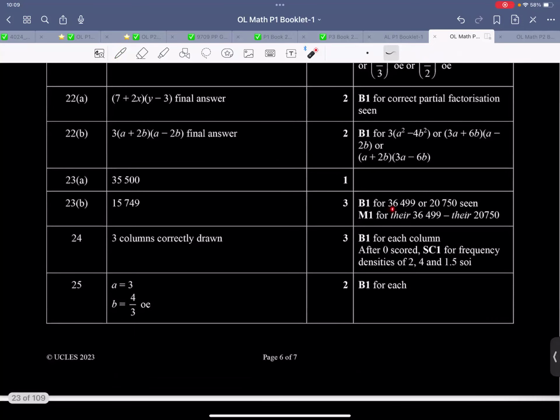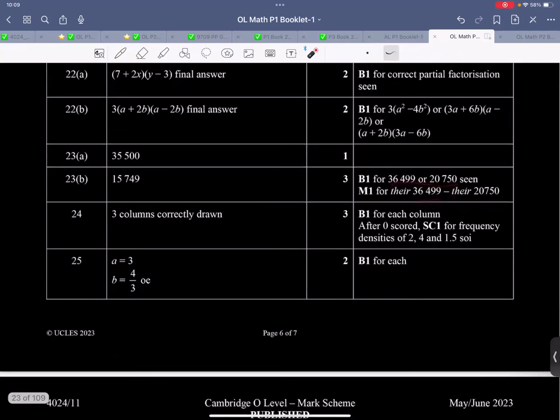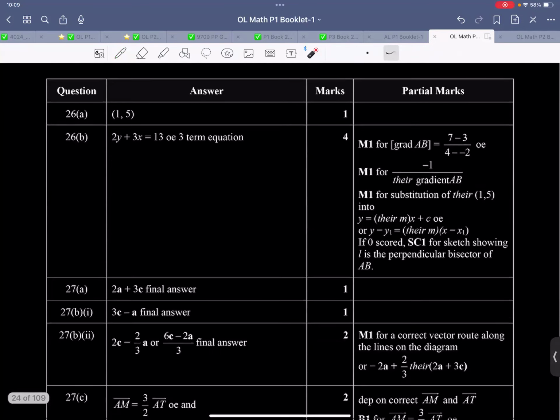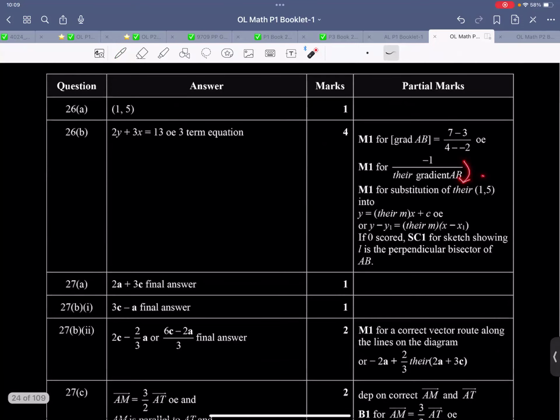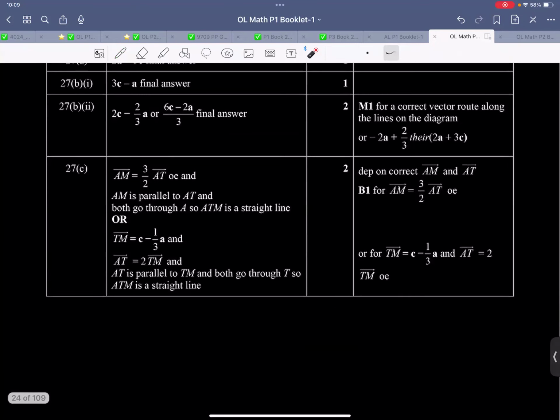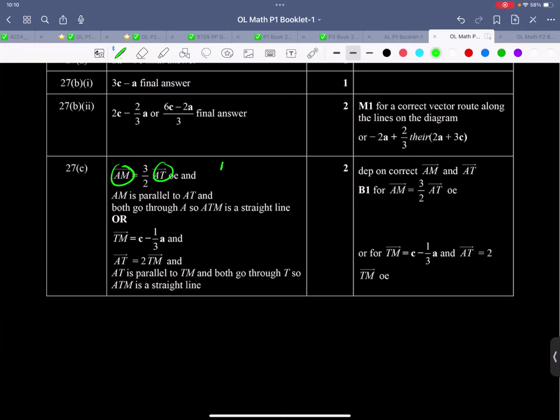And then working for the upper bound, lower bound thing. Working for negative reciprocal, a little bit is there. And AT is parallel to TM. AM is 3 over 2 AT, or AT is 2/3 AM, that's the same thing. They have also expressed in terms of TM and AT. That's your choice. I have used whatever is given. So AM was given, AT was given. So I have used AT as 2/3 AM. And that is what I've proven.